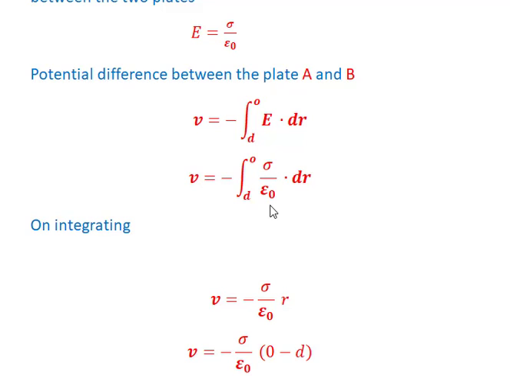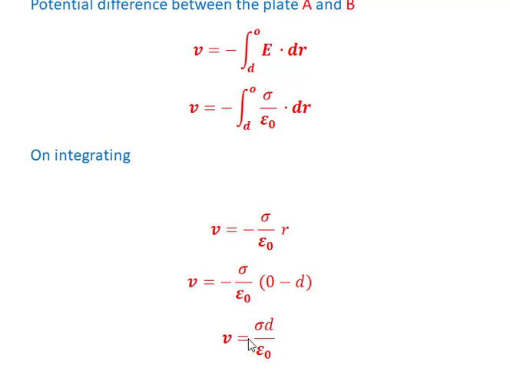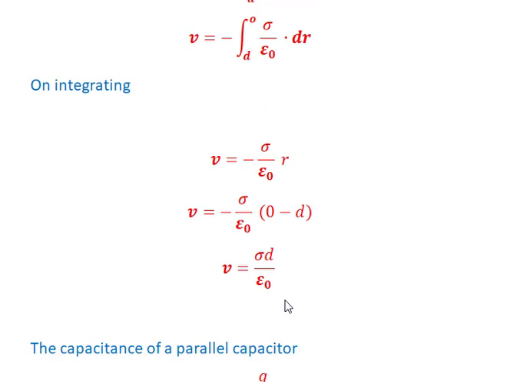Sigma and epsilon naught are constants, and the variable quantity is the distance. On integrating dr, we get r. On substituting the upper limit 0 and the lower limit d, we get minus d, and the potential difference between plates A and B is given by sigma d divided by epsilon naught.